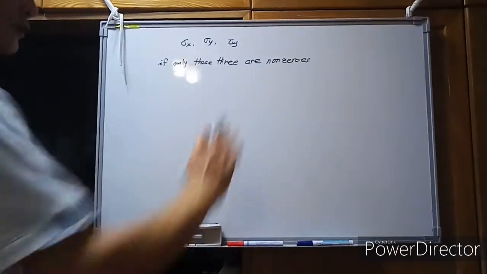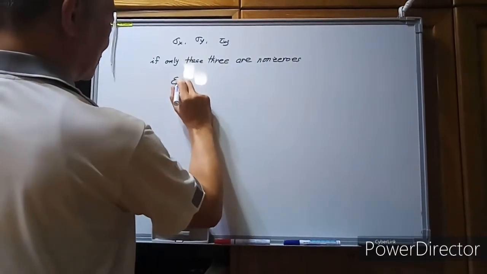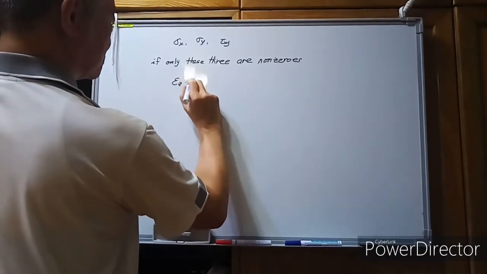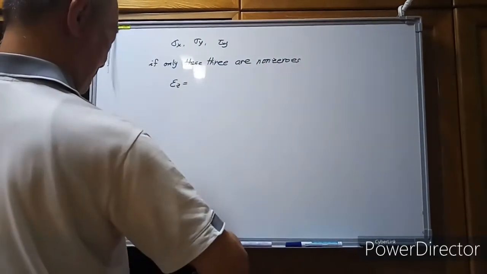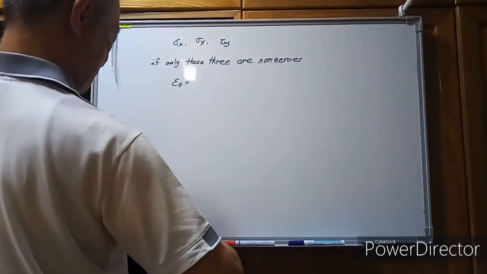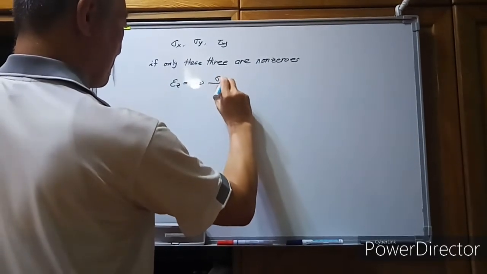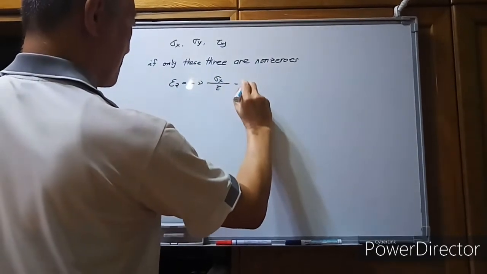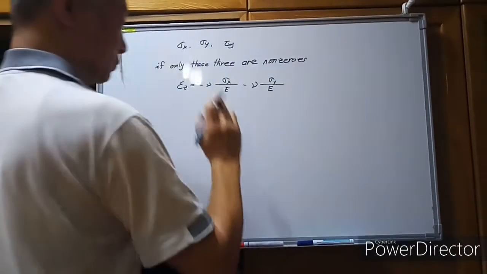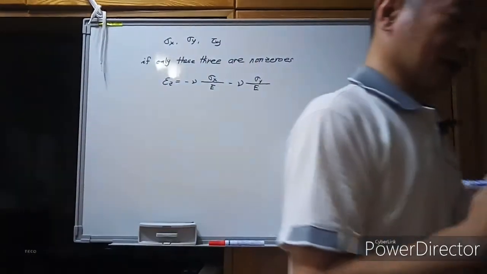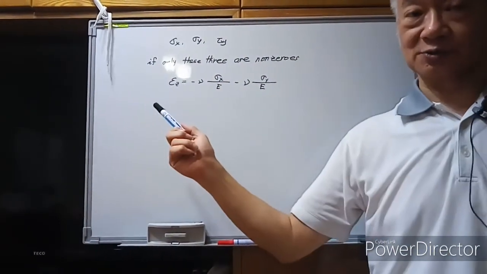If only these three terms are non-zero, you will find we have the epsilon z. So if we got these three non-zeros, we got a non-zero epsilon z.